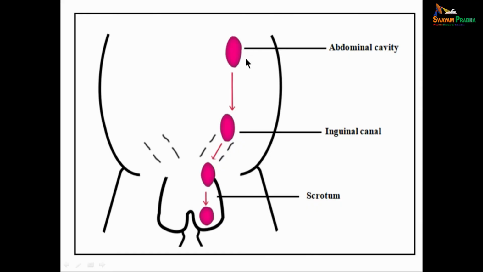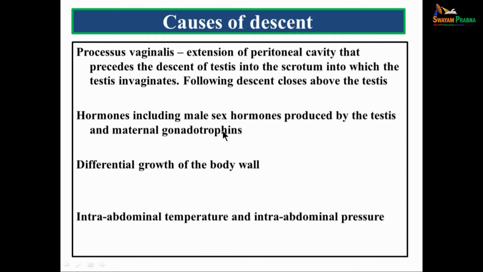Now this picture shows the gradual descent of the testis. First, it is in the abdominal cavity and passes through the inguinal canal and finally reaches the scrotum. Now, what are the causes of descent? The exact causes of descent are not clearly known, but a few causes have been attributed to it.